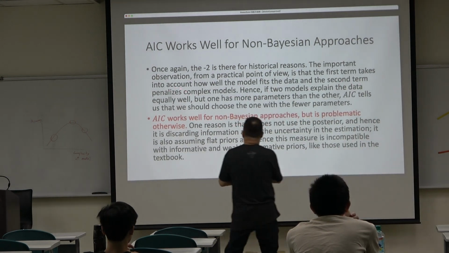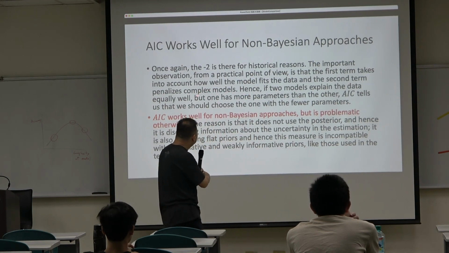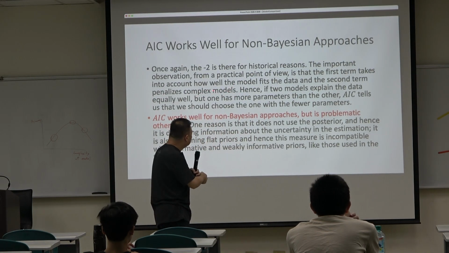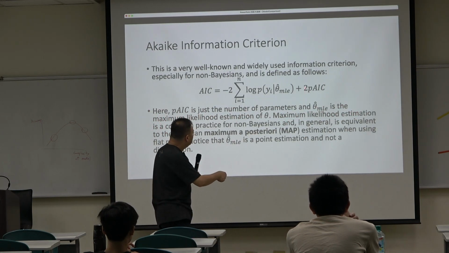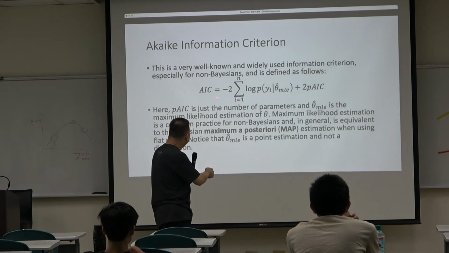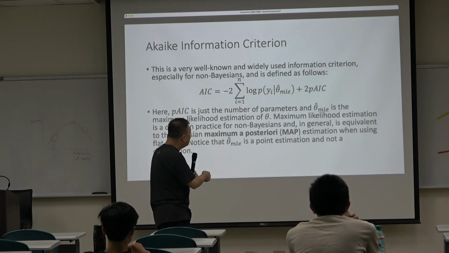The second term penalizes complex models. The more complex the model, the larger this term, so the resulting AIC is going to be larger.